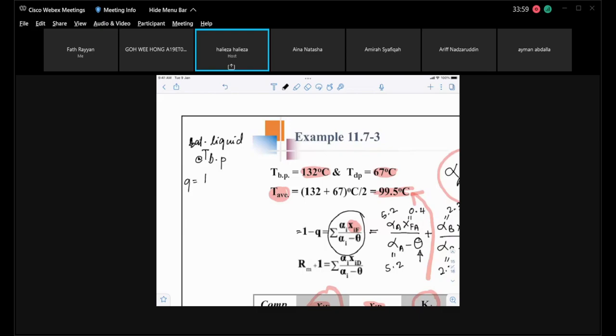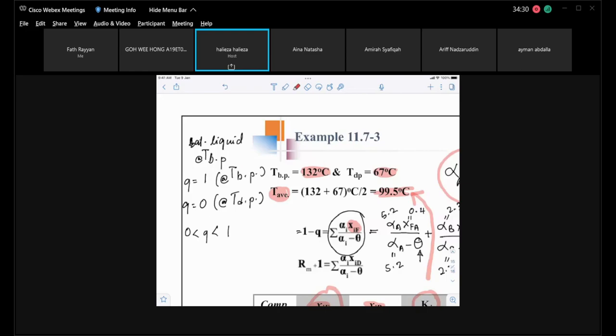This is the same as when you were looking at binary components. When you have a saturated vapor, or when it is at its dew point, Q is equal to 0. Q will be between 0 and 1 when you have a mixture of liquid and vapor. So you have to recall that, which we did earlier when we were looking at binary distillation.